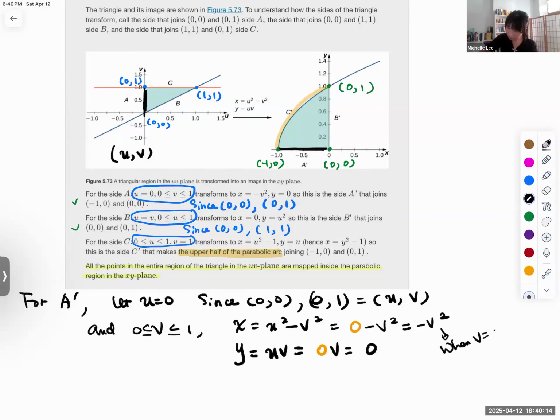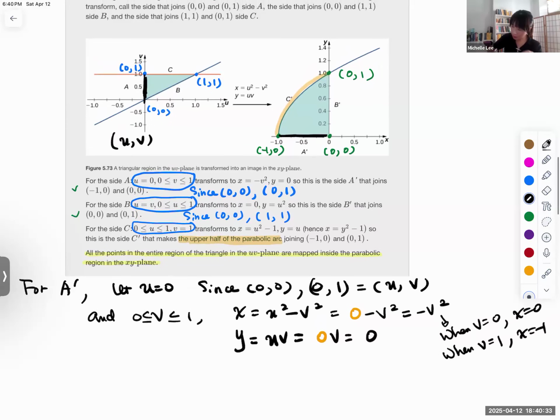When v equal to 0, x equal to 0, right? When v equal to 1, x equal to -1, right? Because we have a negative sign in front of the v squared, right? So that's how we got it.